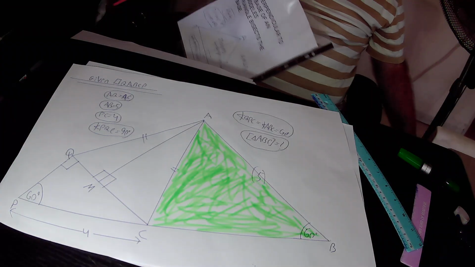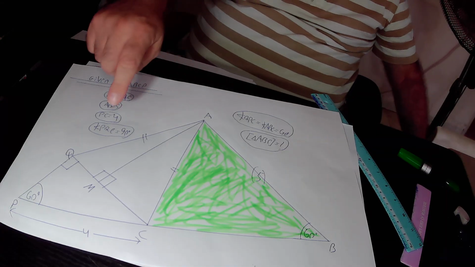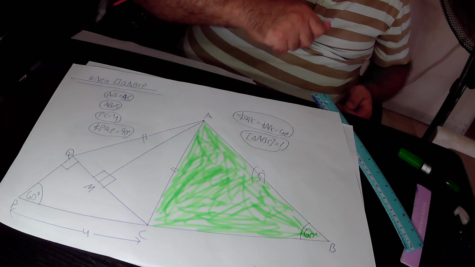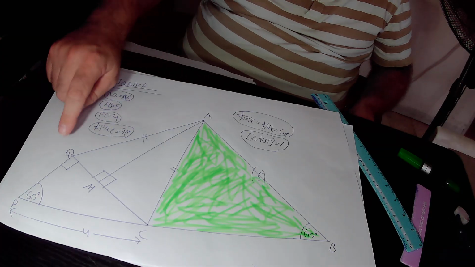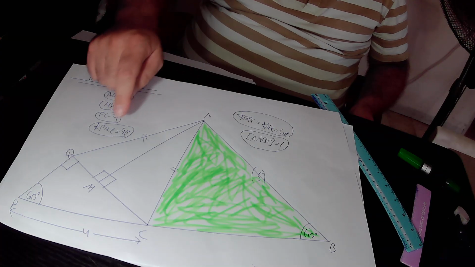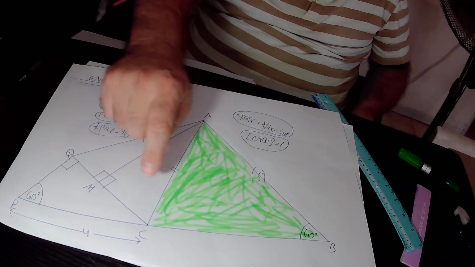Why? Because in our drawing, we have the isosceles triangle, triangle AQC, and we draw perpendicular AM to the base QC. According to rule 22, the perpendicular AM bisects the base QC. That is to say, it divides the base QC into two halves. The first half is QM, and the second half is MC.